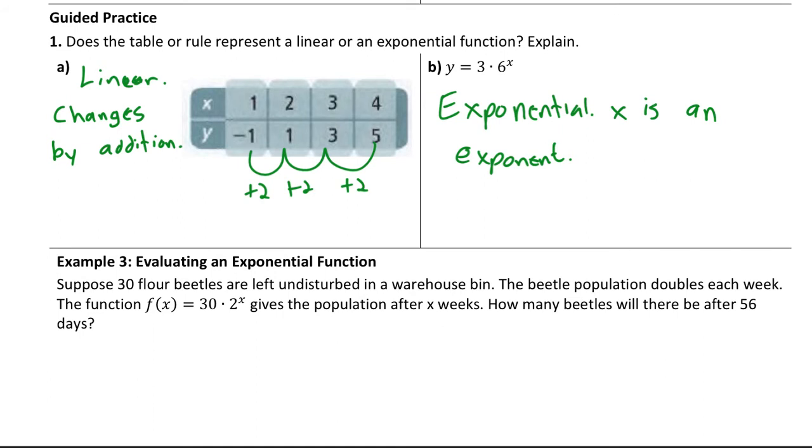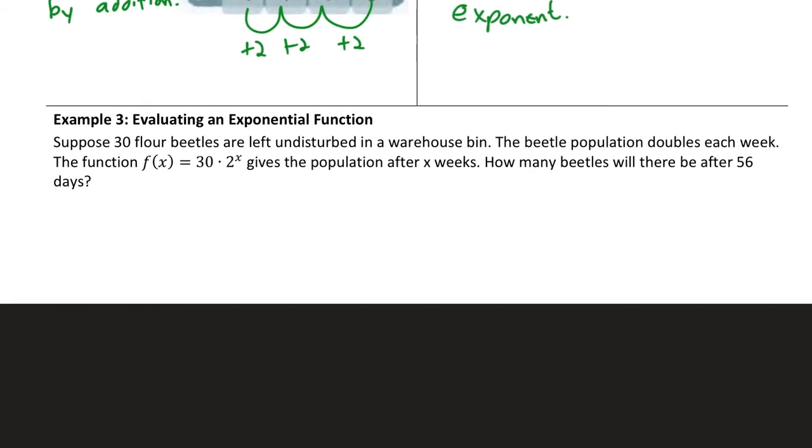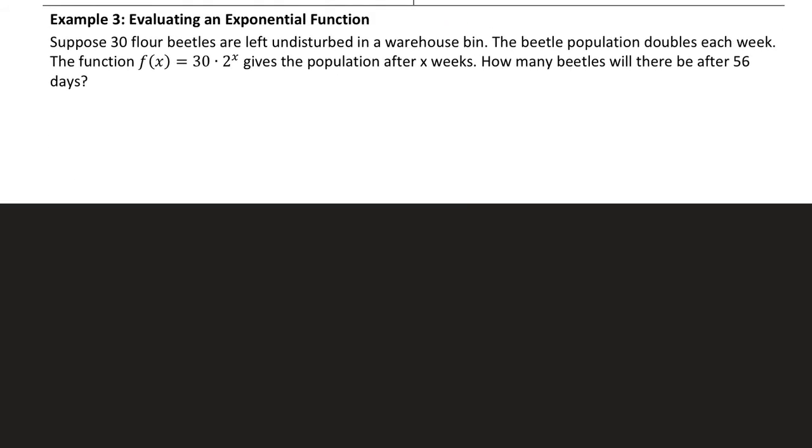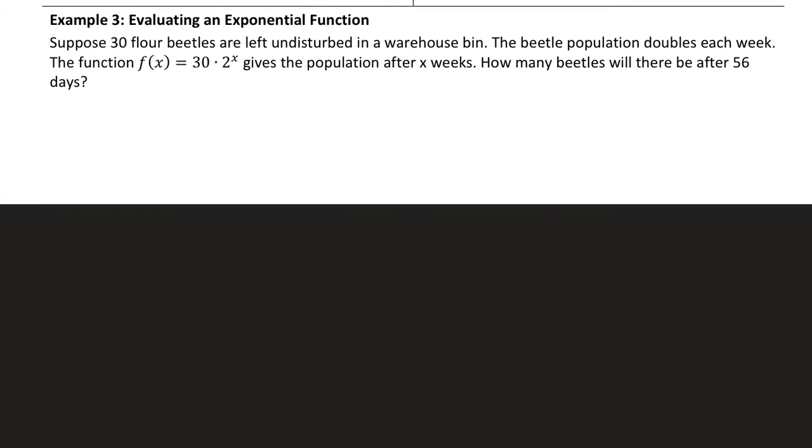So, example 3 is mainly just you getting used to using a calculator to evaluate an exponential function. So this says, suppose 30 flower beetles are left undisturbed in a warehouse bin. The beetle population doubles each week. The function f of x equals 30 times 2 to the x power gives the population after x weeks. How many beetles will there be after 56 days?